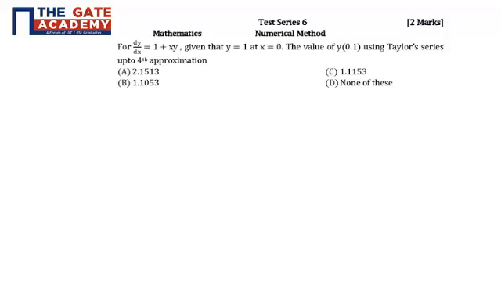So what I can say, using Taylor series, y would be equal to y0 plus x minus x naught times y dash of 0, then plus x minus x naught whole square divided by 2 factorial y double dash of 0 plus x minus x naught whole cube by 3 factorial y triple dash of 0 plus so on.